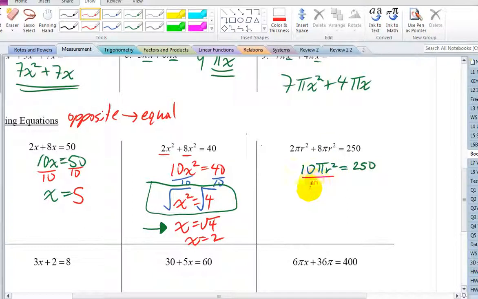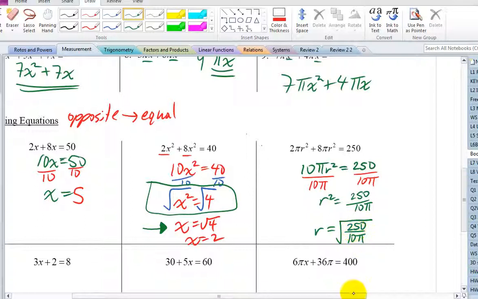Divide by 10 pi. Do that to the other side. So r squared equals 250 divided by 10 pi. So then r equals what? Square root of 250 divided by 10 pi.